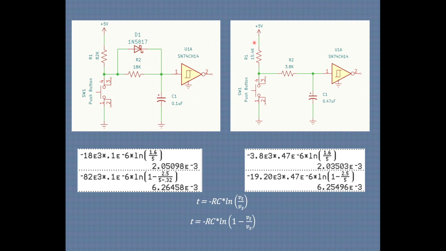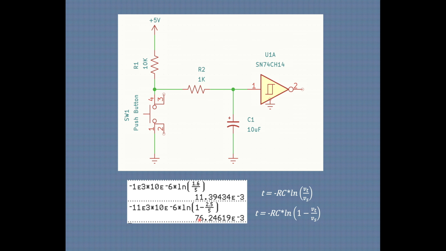You're going to have to integrate the charge with the discharge because you're charging through the discharge resistor. Recharge time is 76 milliseconds, but that would work on most circuits because you're normally not going to be able to hit that button more than once within a 76 millisecond time frame.